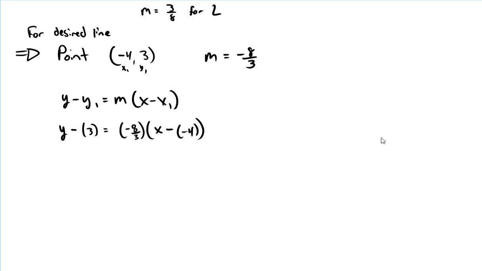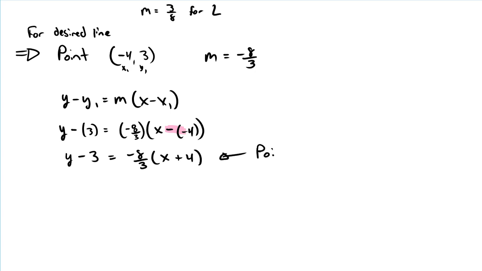Okay, and then let's do one step here where I'm going to combine that into plus and then just get rid of the parentheses that are no longer needed. So let's write it as y minus 3 equals negative 8/3 times x plus 4.